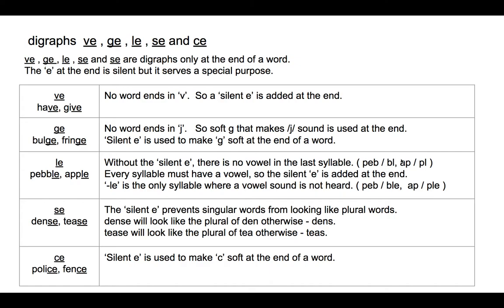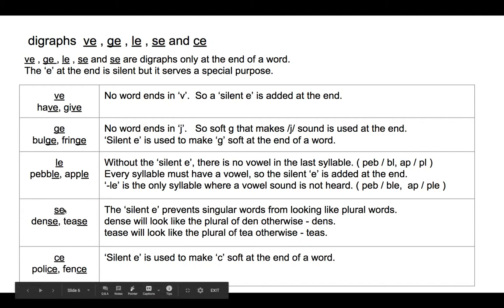But in English, every syllable must have a vowel, so the silent E is added at the end. And also, L is the only syllable where a vowel sound is not heard, because in all of the syllables you will hear a vowel sound.